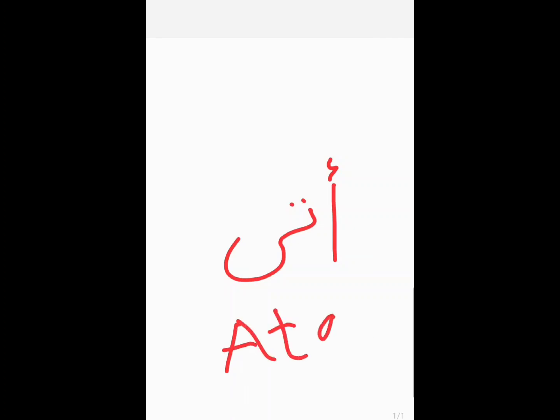And the past from ya'ti is ata. Ata is came, came in the past also. So ja'a or ata. Okay, that's for today's verb.